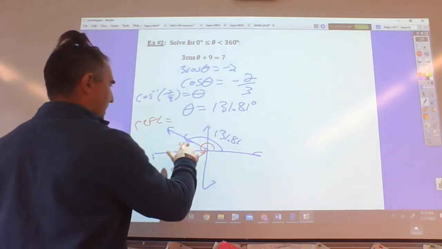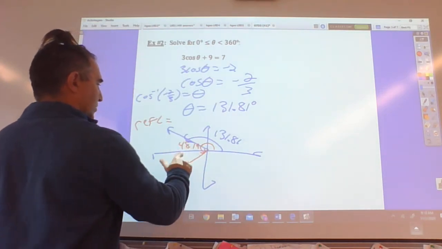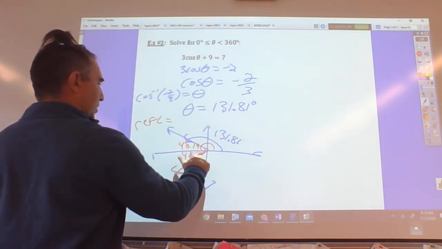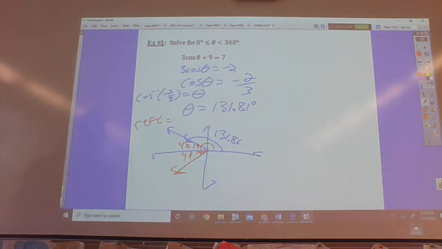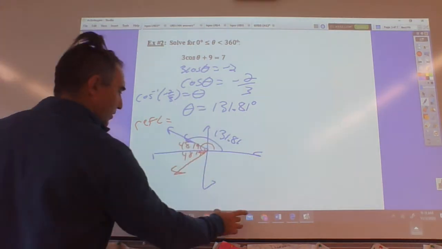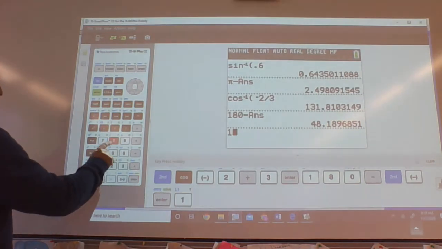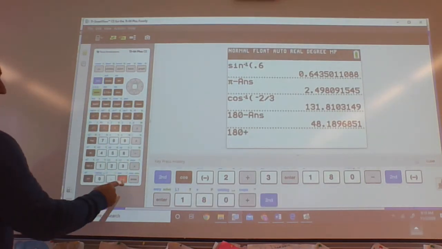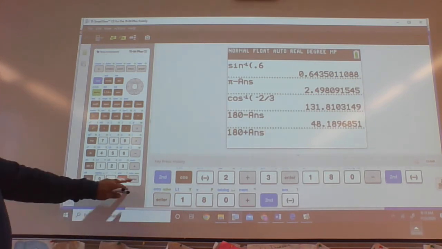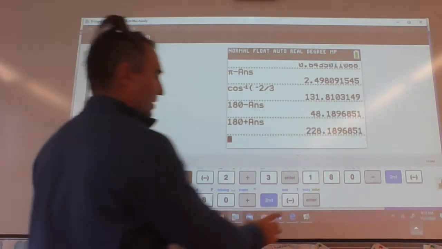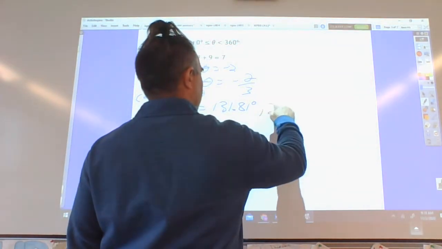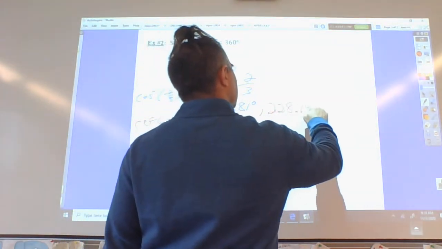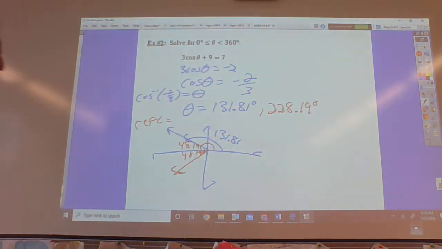So that's 48.19. That's the reference angle, which means that's 48.19 right there. So to get that angle all the way around, I would need to do 180 plus that reference angle. So plus that previous answer. And I'm going to get 228.19. And now I have my two answers.